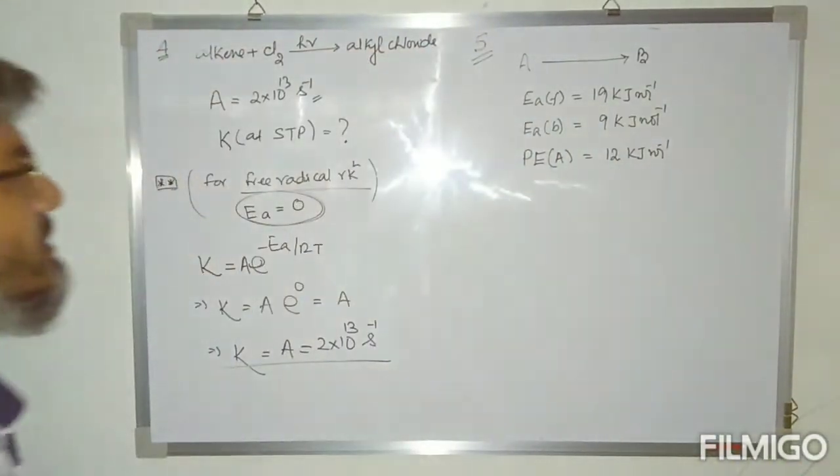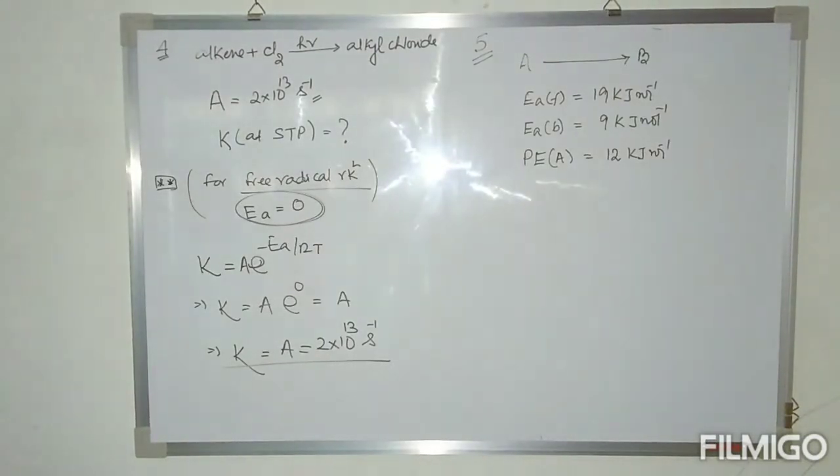So we have the reaction for which the activation energy of the forward reaction and the activation energy of the backward reaction are given, and the potential energy is given.